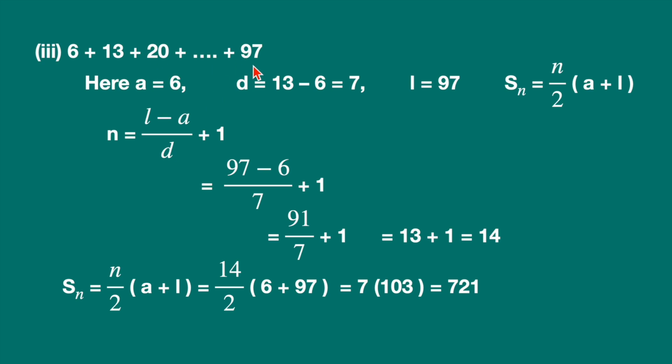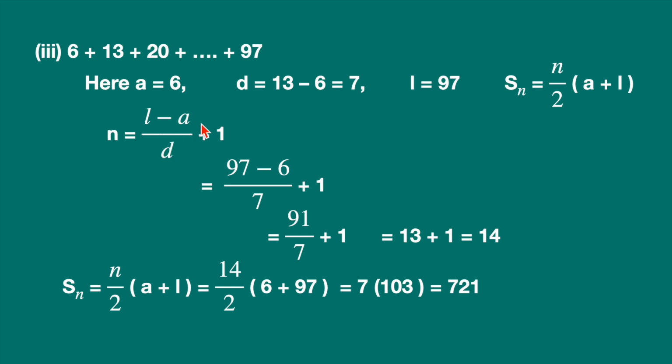In this kind of sum, in an arithmetic progression with the last term, the formula for n is L minus a upon d, plus 1. We did these sums in the last exercise 2.5. I hope you remember that. So this is the formula from the previous exercise.